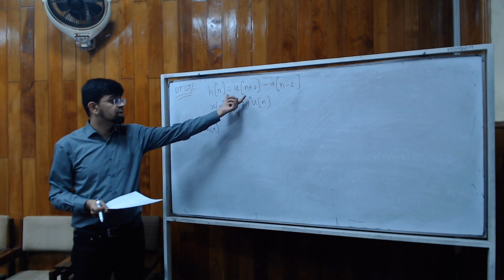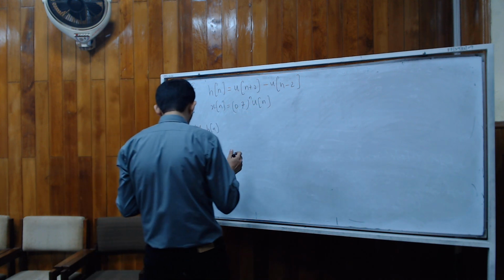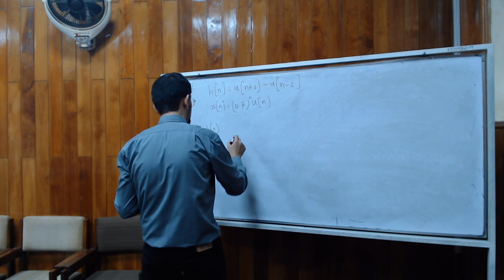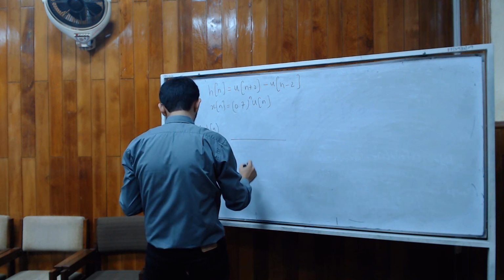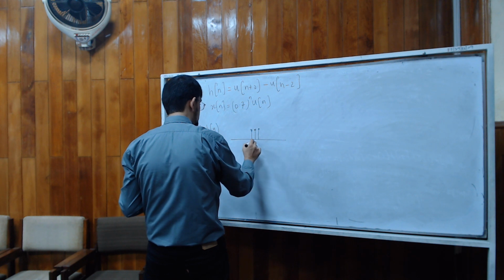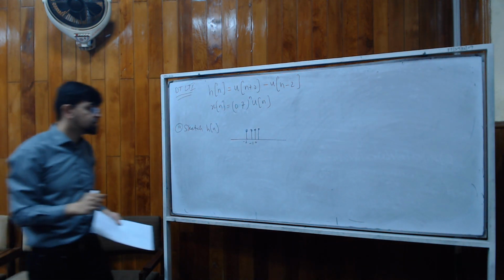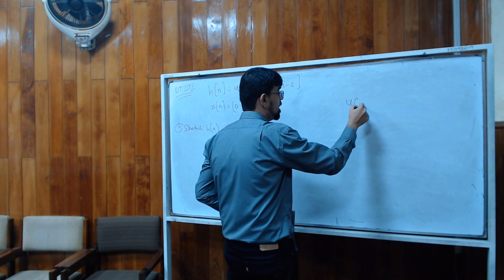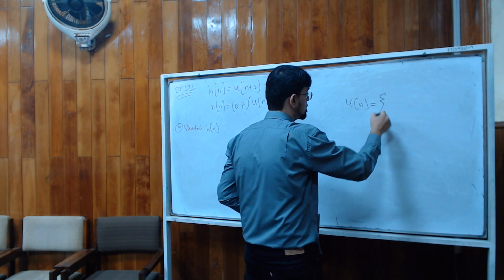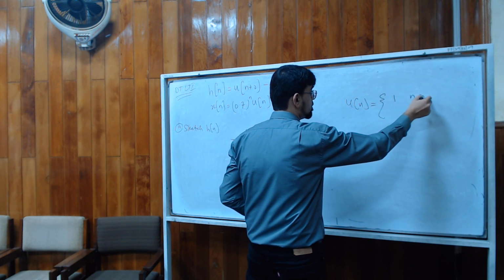If you are a bit confused about how to do this, simply use your knowledge of the unit step in discrete time. For example, by now you should be able to identify that this is a unit step that starts at n equals minus 2, so this is 0, minus 1, minus 2. Now remember, u[n] equals 1 for n greater or equal to 0 and 0 otherwise.